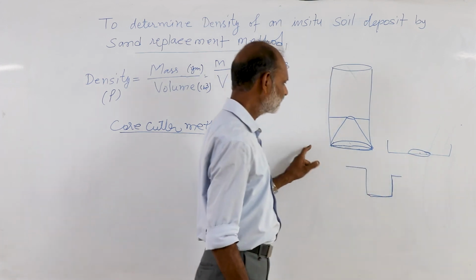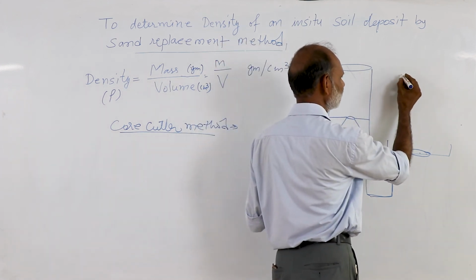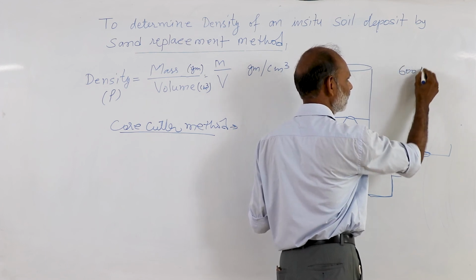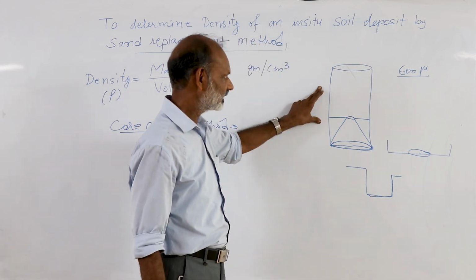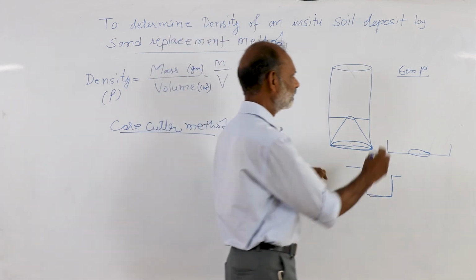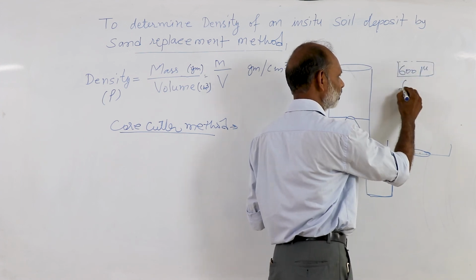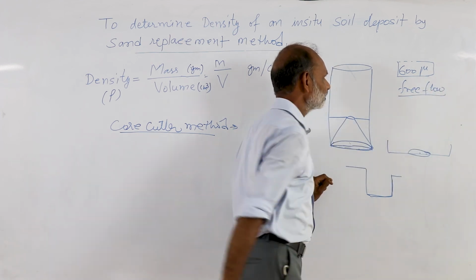We use the standard sand in this cylinder, which passes through the 600 micron sieve. This sand is only used in this apparatus for determining the density, because free flow is achieved with this sand.